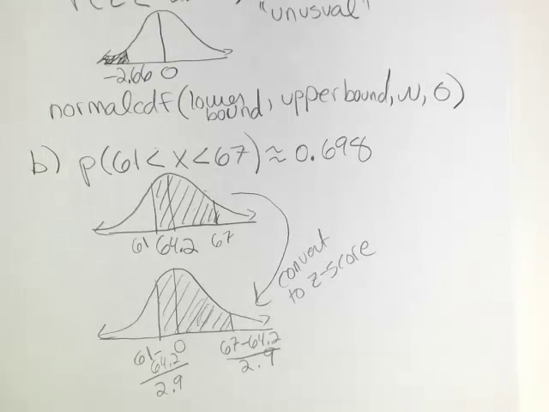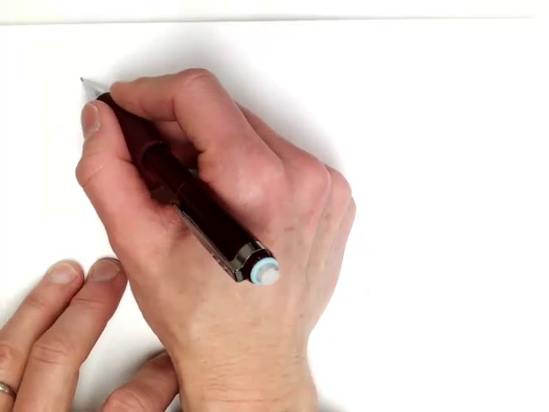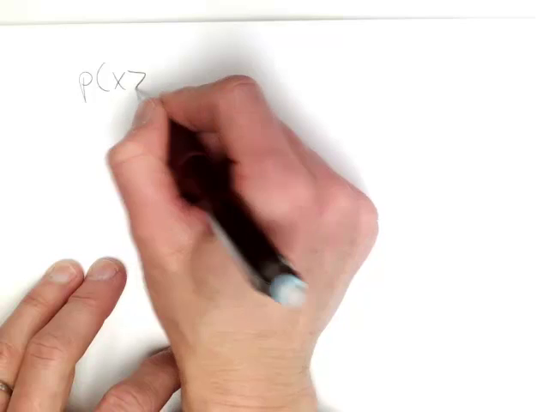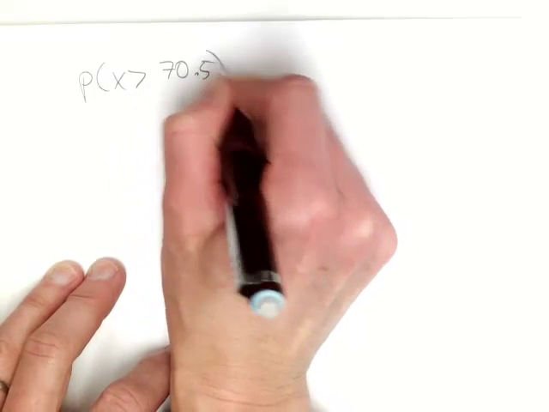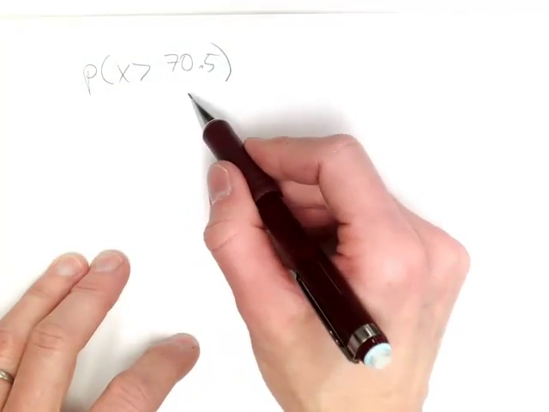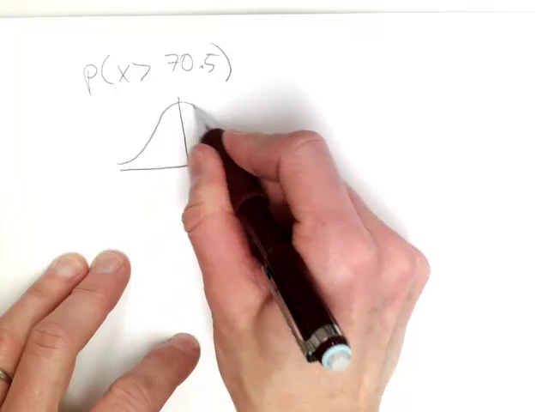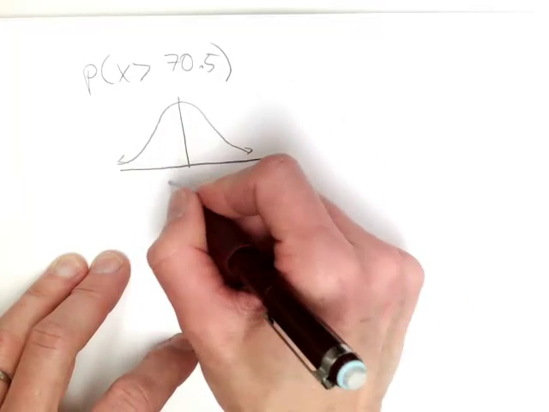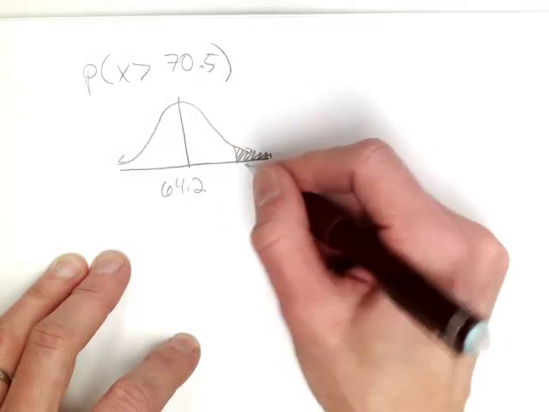All right, so last but not least, part C, more than 70.5 inches. That's the probability x is greater than 70.5. We're well above the mean of 64.2. We are up in this upper tail.